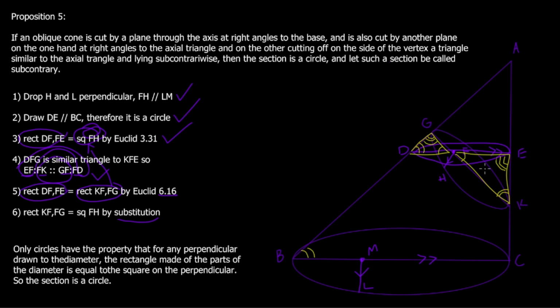Now let's look at that. KF FG, these parts of this diameter, are equal to the square on FH, which is a perpendicular drawn from that diameter to a point on the circle. Well, we don't know it's a circle yet.